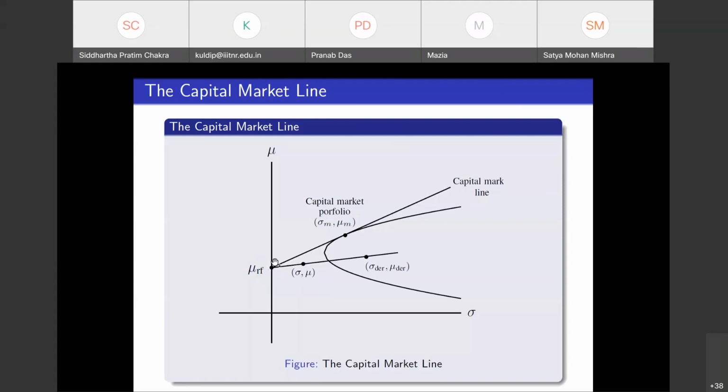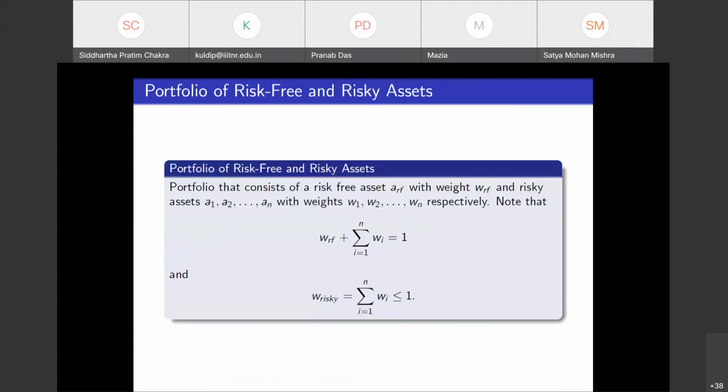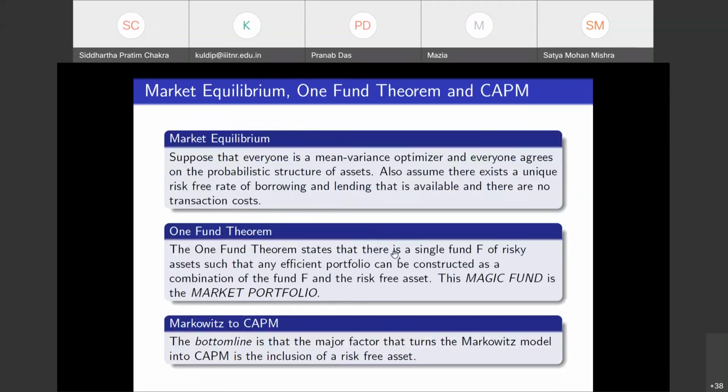The fact that this entire line can be generated as a linear combination of these two points is what manifests as the One Fund Theorem. It says that there is a single fund F of risky assets such that any efficient portfolio can be constructed as a combination of this fund F and the risk-free asset.